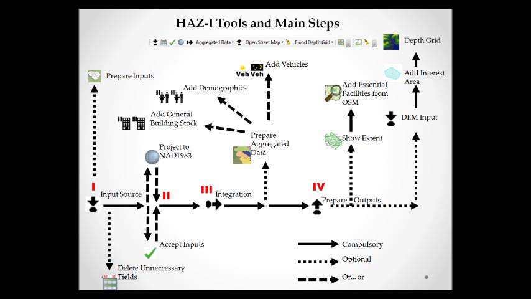Besides the main steps you can see many optional steps, like preparing inputs from our created data sets, preparing aggregated data and adding aggregated data, downloading the essential facilities from volunteered geographic information systems, and preparing the flood depth grid by using our methodology.